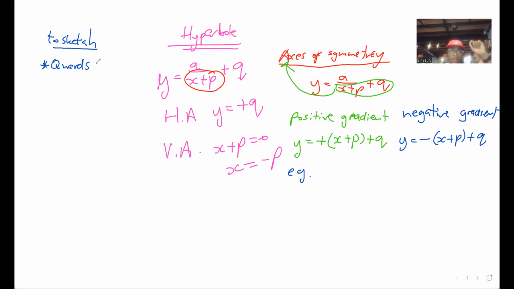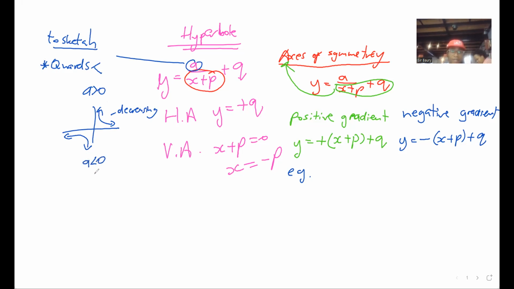How are you going to find that? A is going to tell you. If A is positive, you have a function like this one. This function is decreasing. When A is negative, you have an increasing function. So you know where the arms are if you know A.